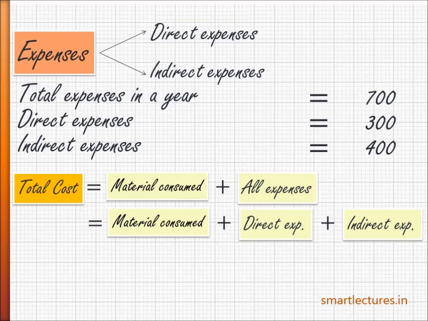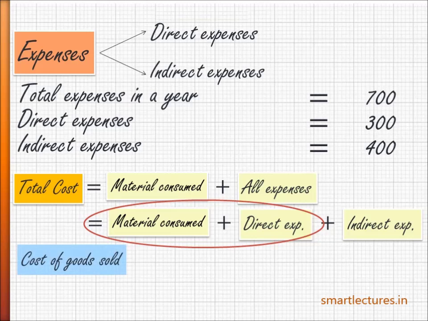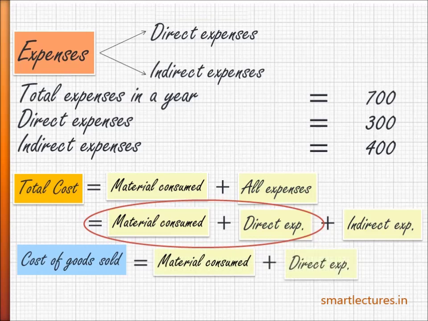That's one and the same thing. Now, material consumed plus direct expenses, the total of these two things is called cost of goods sold. So cost of goods sold is equal to material consumed plus direct expenses. Cost of goods sold is also called direct cost.